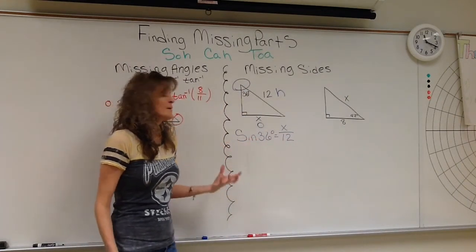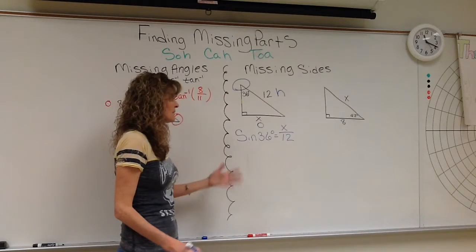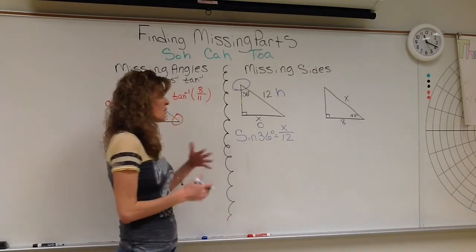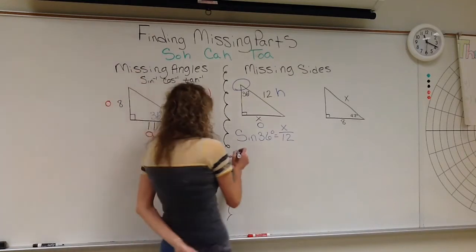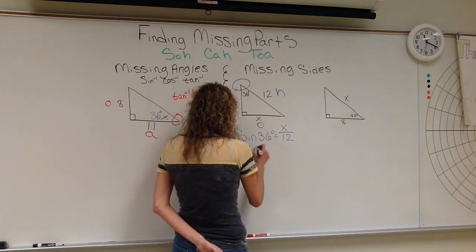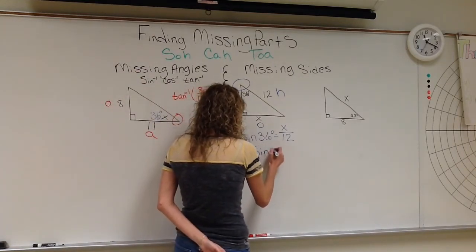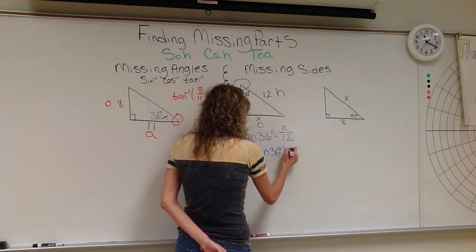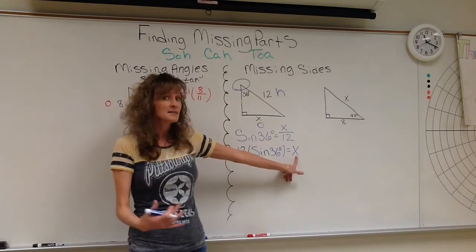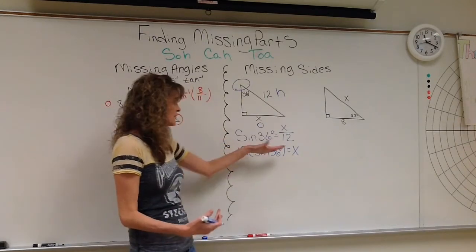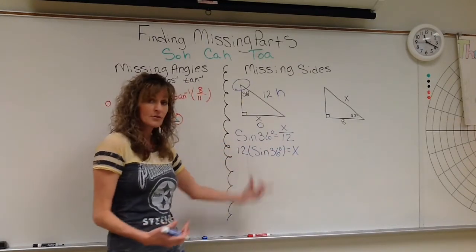So I'm going to multiply by the denominator. No matter what, I'm always going to multiply by that denominator, and my denominator is 12. So I'm going to go 12 times the sine of 36 degrees equals x. X is isolated. It's alone. So all I'm going to do is multiply these two things together in my calculator.